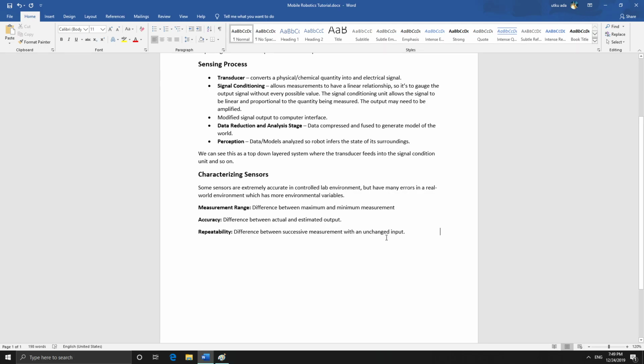Whereas if we were to get 10, 11, 9, or so on, it may be more repeatable, or maybe it's a sensor that needs to be much more precise than this. But you get the idea. While accuracy is the difference between what we know the output to be and what the output is measured as. So we could add that as well.